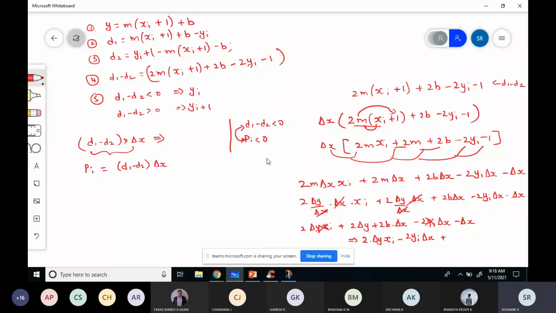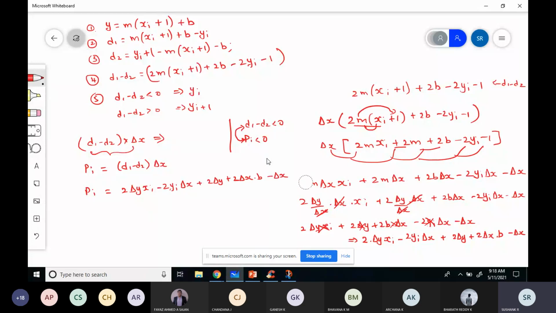After that, plus 2 times delta y plus what is left out: 2 times delta y plus 2 delta x into b, this part is also written, minus delta x. So my pi is nothing but 2 into delta y xi minus 2 yi delta x plus 2 times delta y plus 2 times delta x into b minus delta x.